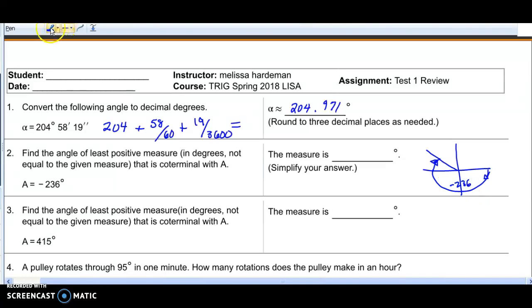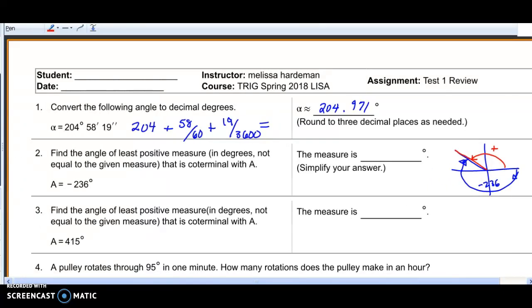I'm asked to find an angle that's coterminal with that, but has the least positive measure. So I want to find this angle here that has the smallest positive measure, but lands in the same position. How's that done?